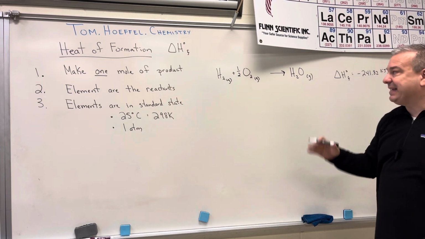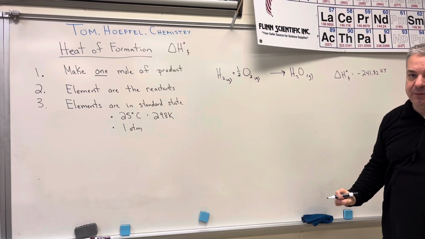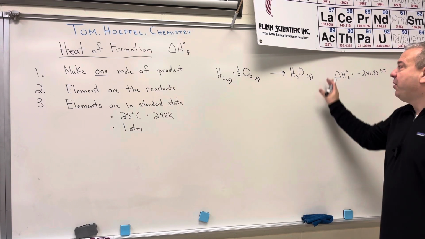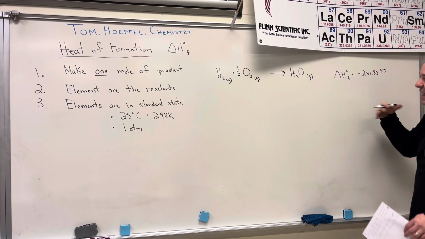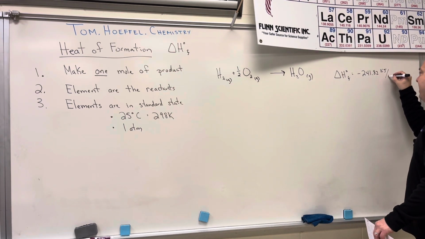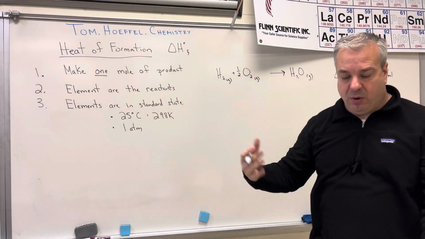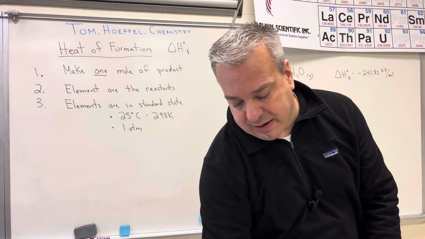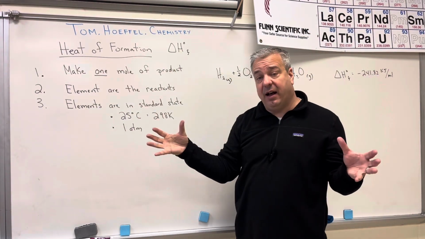And remember, that's kilojoules per mole of product being formed. This value is implied to be on a per mole basis because you're always making 1 mole of the product in a heat of formation equation.